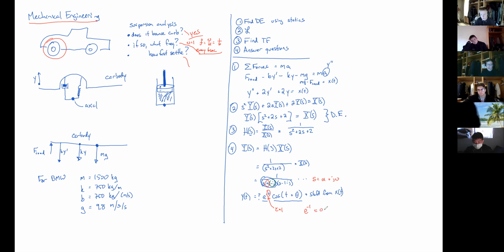That's about 0.3 something, so about 30% of its final value. But if we say it settles out when it's 1% of its final value, how many time constants is that? 5 time constants. So that's about 5 seconds it takes to settle.